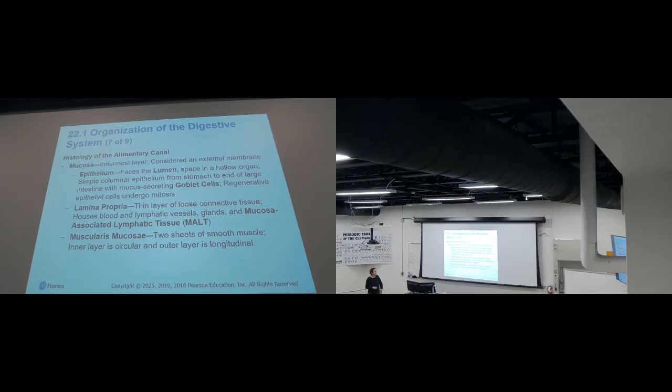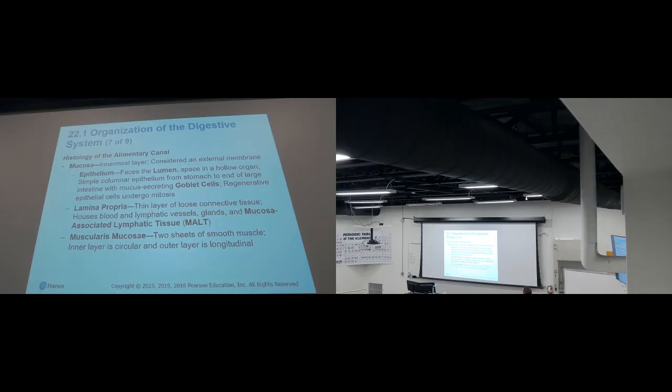And underneath this lamina propria, we can have lymphatic vessels, blood vessels, glands, and MALT, mucosa-associated lymphoid tissue, especially in the small intestine, where we call it Peyer's patches, and also in the stomach, we have lymphoid tissue.